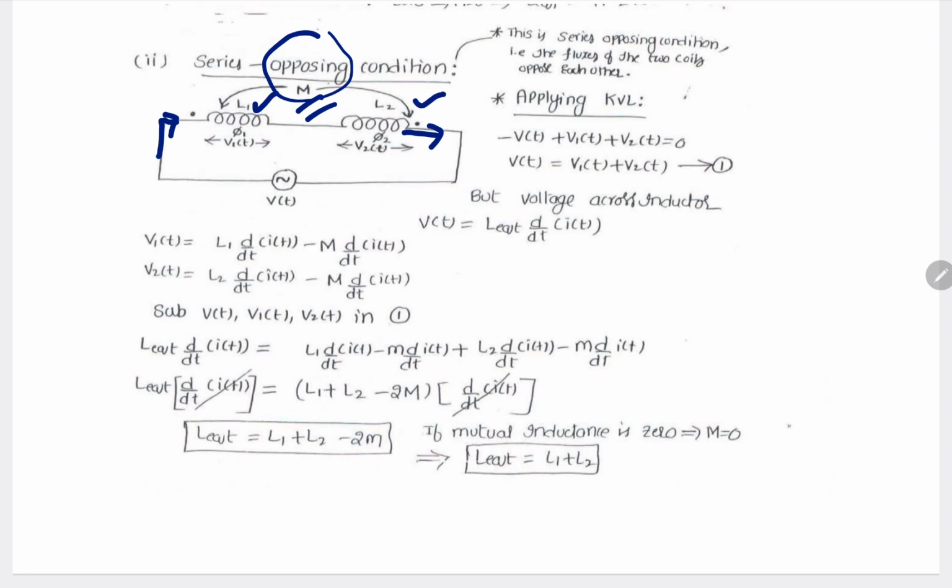Then both the fluxes are in the opposite direction. So the flux developed by L1 and the flux developed by L2 oppose each other. So total flux is nothing but the difference of the two fluxes. That is called opposing condition. Then mutual inductance will be negative. Then we will get the formula L1 plus L2 minus 2M. L equivalent, total inductance, is equal to L1 plus L2 minus 2M.